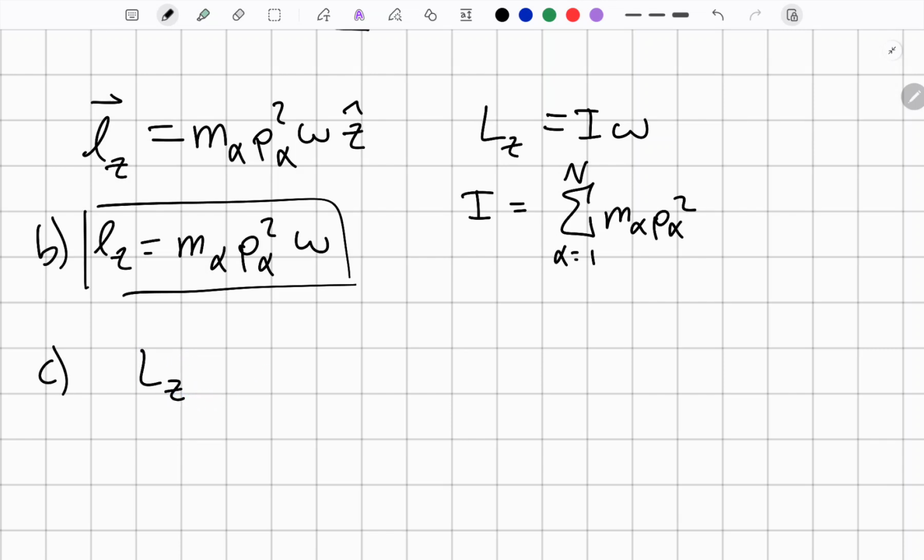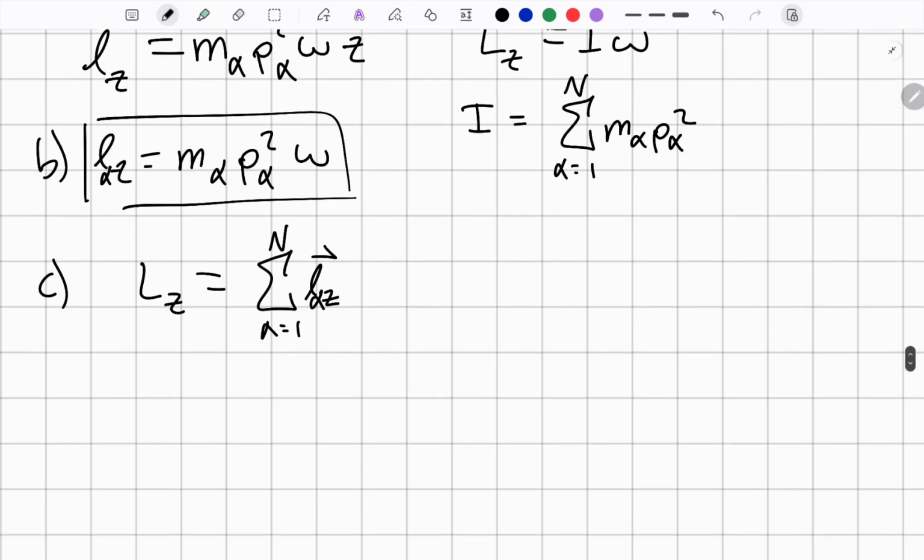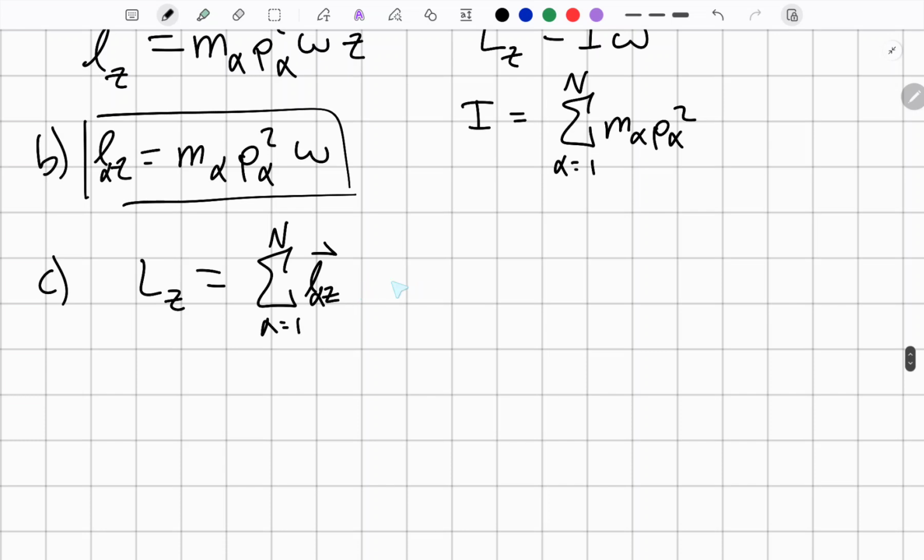that the total angular momentum in the z direction is going to be equal to the sum from alpha equals 1 to n of those individual angular momentums, and we can call that L alpha z as well. And that's also going to be equal to the sum, from our part B answer, from alpha equals 1 up to n, of m alpha rho alpha squared omega.